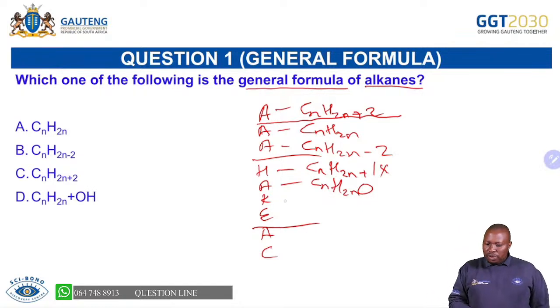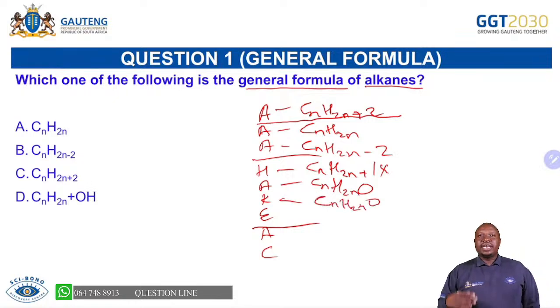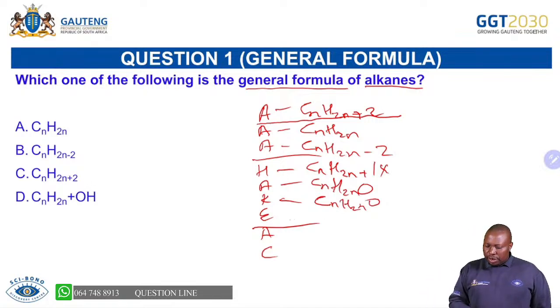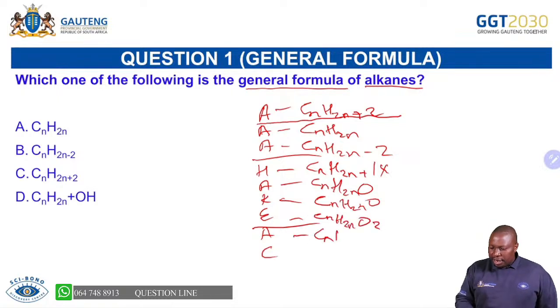The same with the general formula for ketones is CnH2nO. Hence, we are saying aldehydes and ketones are functional isomers. And then your esters, already I said is CnH2nO2. Your alcohols is CnH2n+1OH.